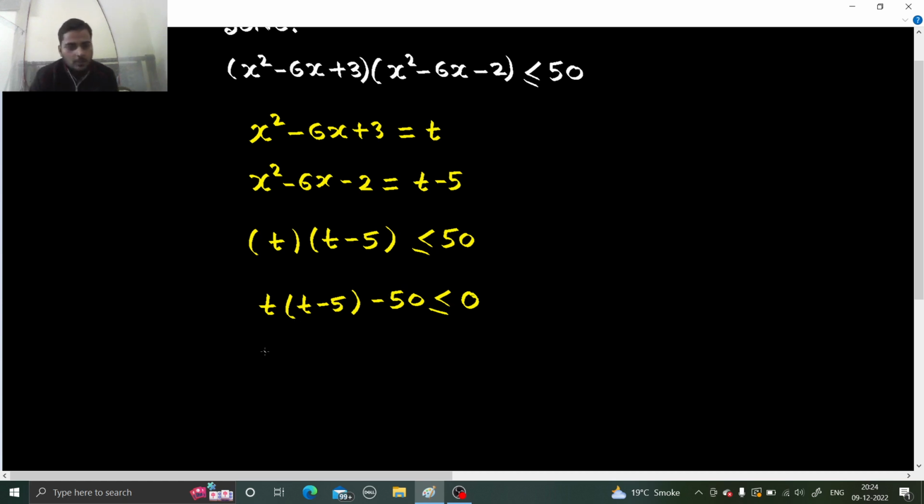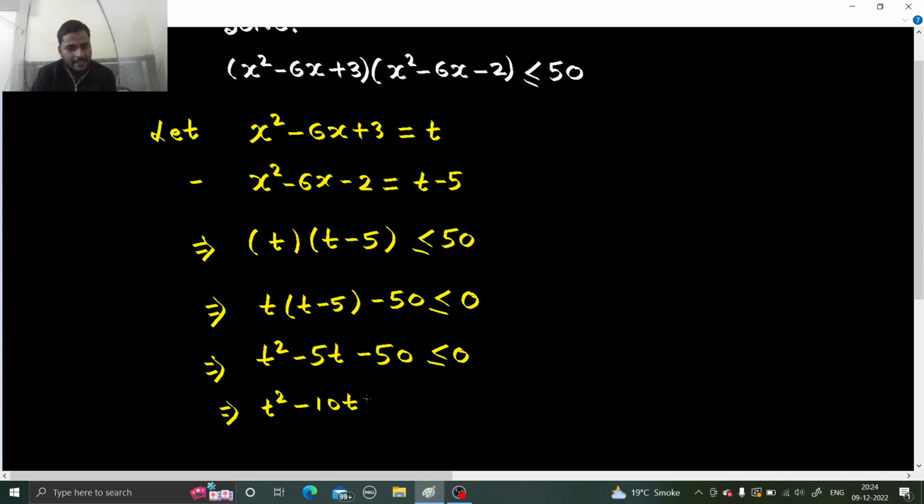So now t square minus 5t minus 50 is less than equal to 0. We can write this as t square minus 10t plus 5t minus 50 is less than equal to 0.